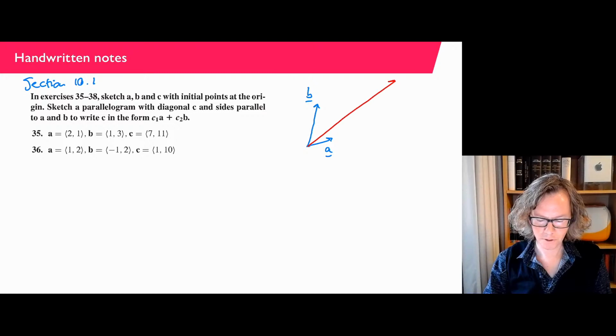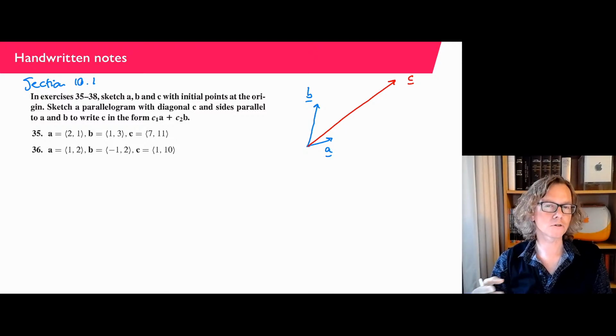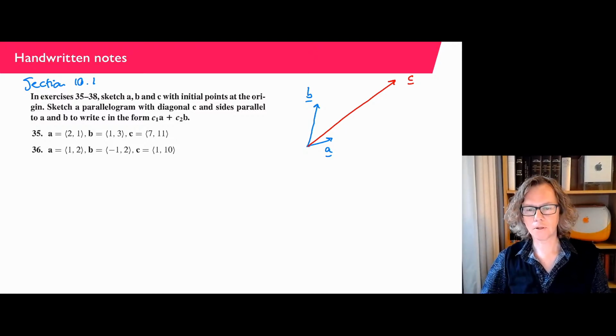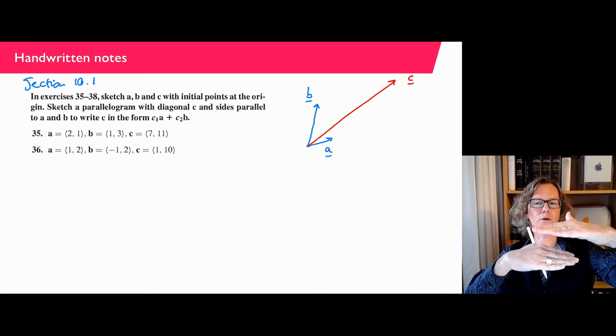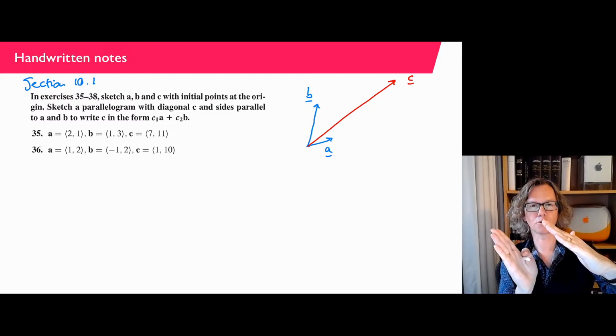Let's say something like this, C. Now basically we want to construct a parallelogram. As you hopefully recall, that's like a rectangle that you give a kick and then it's slightly distorted and the angles are not 90 degrees anymore. But the important characterization of a parallelogram is that if you take two sides, they should be parallel. So you have two sides like this and two sides, for instance, like this. So the two opposite sides are parallel to each other.